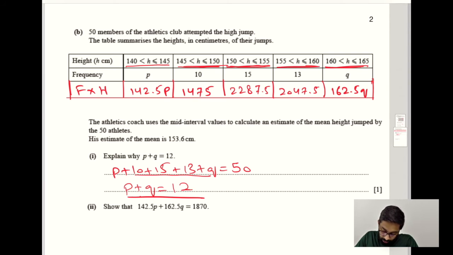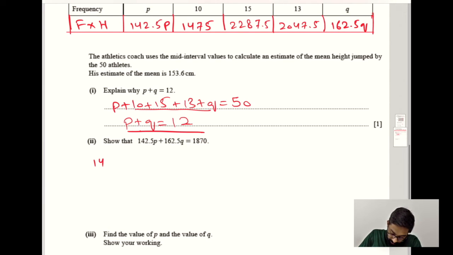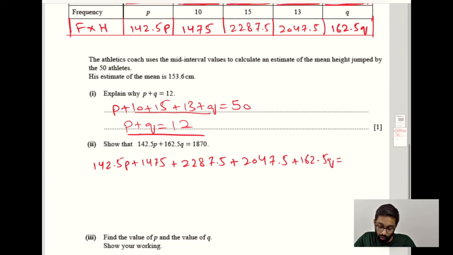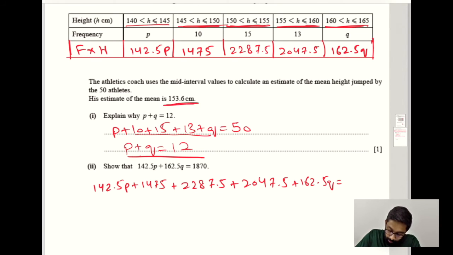Okay, so let's add all of them up and let's see what we get. First, we do 142.5 P plus 1475 plus 2287.5 plus 2047.5 plus 162.5 Q. Now all these values should be equal to the frequency multiplied by the mean.